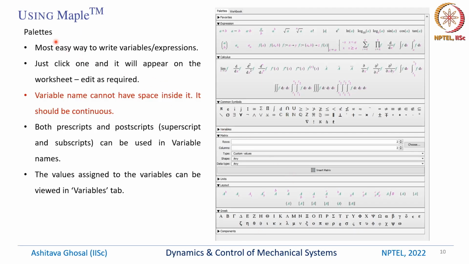So let's continue. We want to use Maple. So what is in the palette? I hope you can see it here. We have some a plus b, a minus b, a by b. So all these various operations are already there. We can also find the derivatives, and you can find limits, and then you can also integrate.